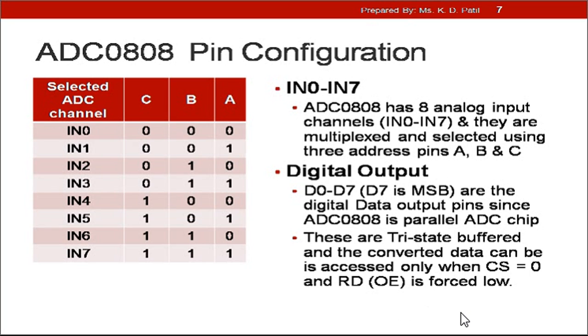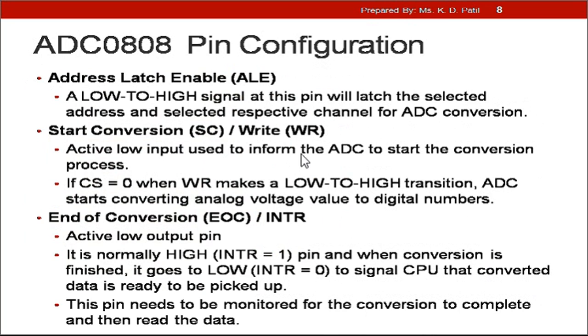As I have already told you, whenever you want to access the ADC 0808, the chip select pin should be 0. So whenever the 8051 microcontroller accesses ADC 0808, that chip select pin will be connected to ground. The next important signal is address latch enable.